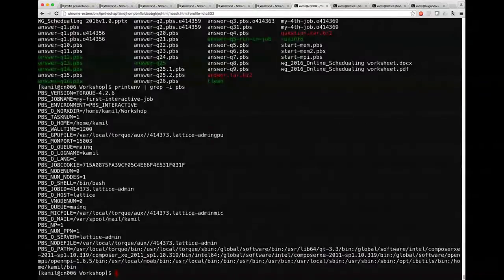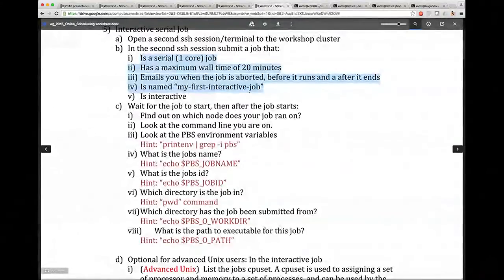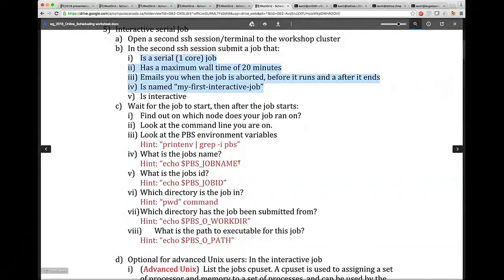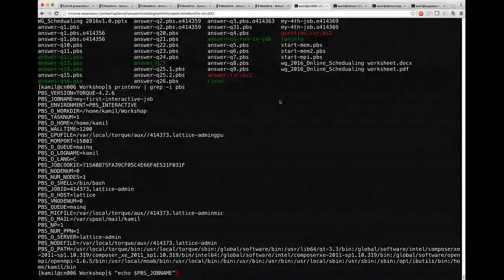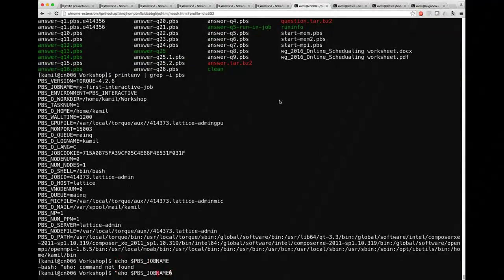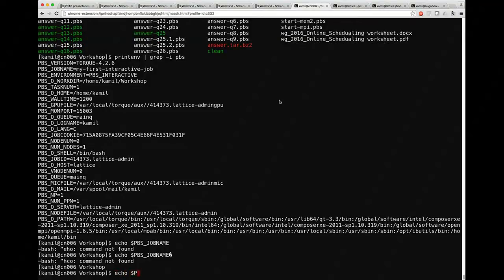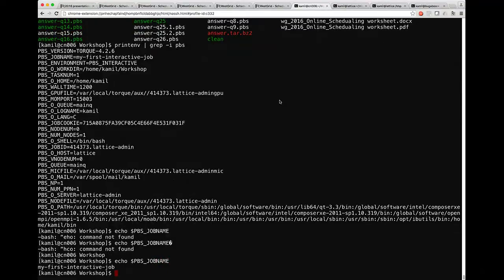Okay, so let's look at the other things. Well, what is the job's name? Well, we could run this. We call PBS_JOBNAME. My first interactive job.